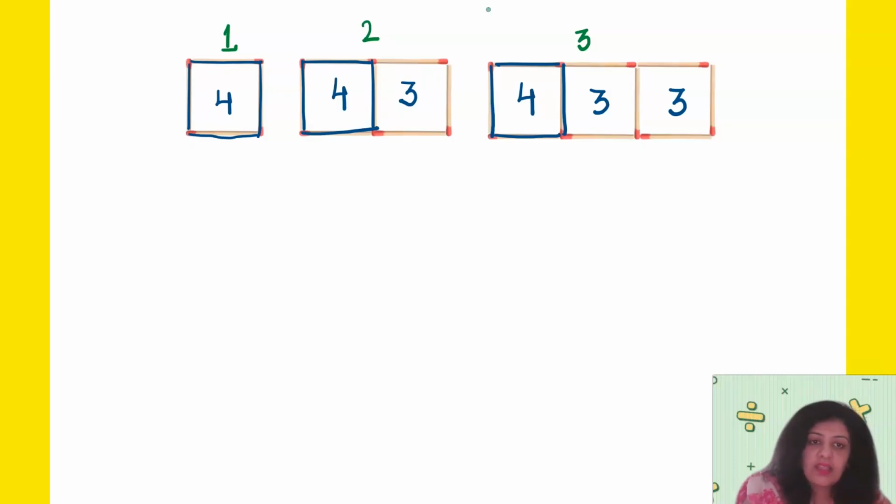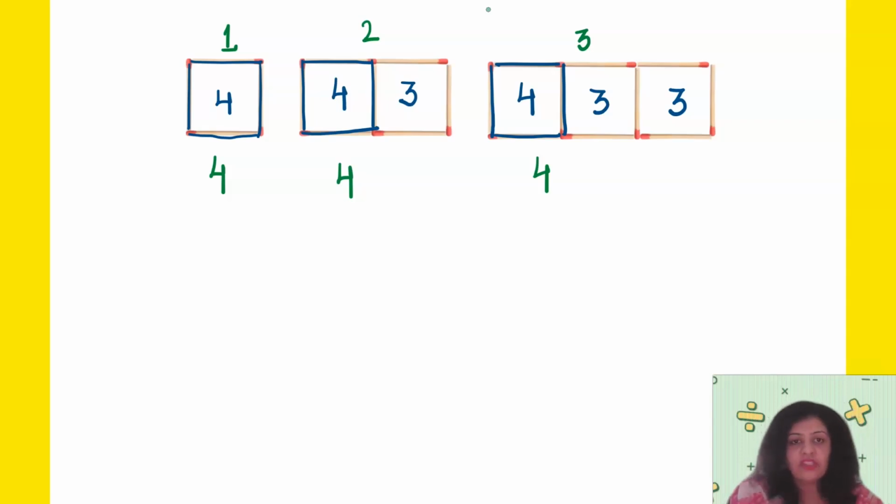So 4 matchsticks are fixed for each shape, whatever shape we have. Even if we have the 1000th shape, the 2000th shape, the 1 lakh number shape, it will have 4 matchsticks in the first square of the shape.